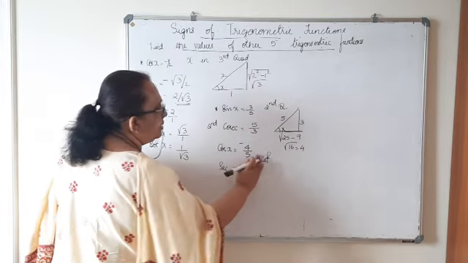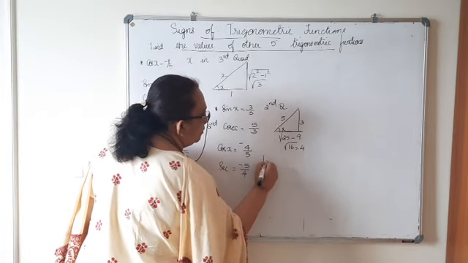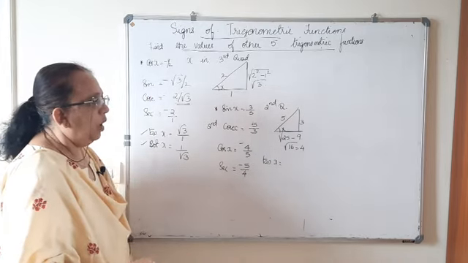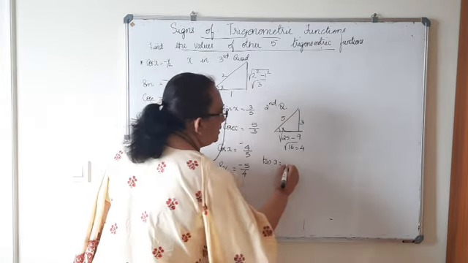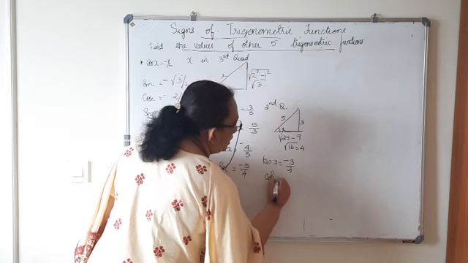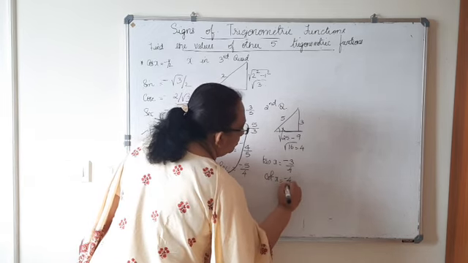Cotangent or tangent: tan x is equal to opposite side by adjacent side. That is also negative. Cot is also negative.